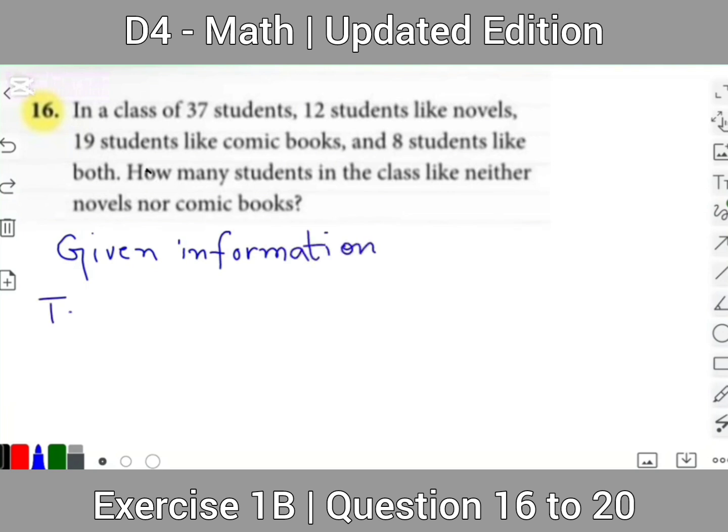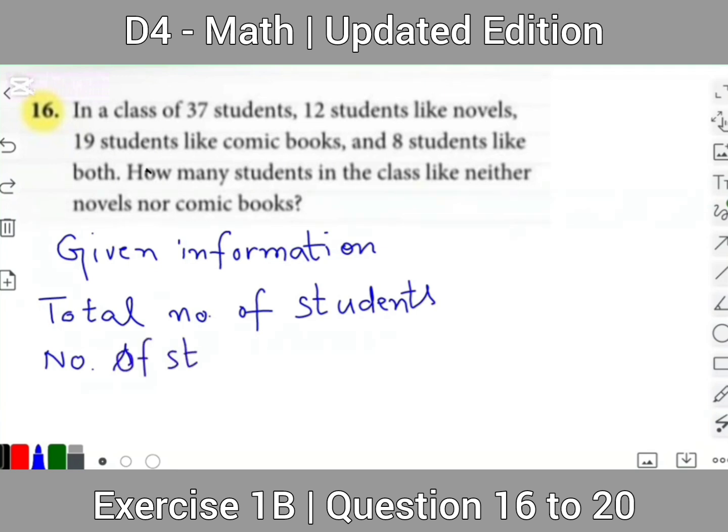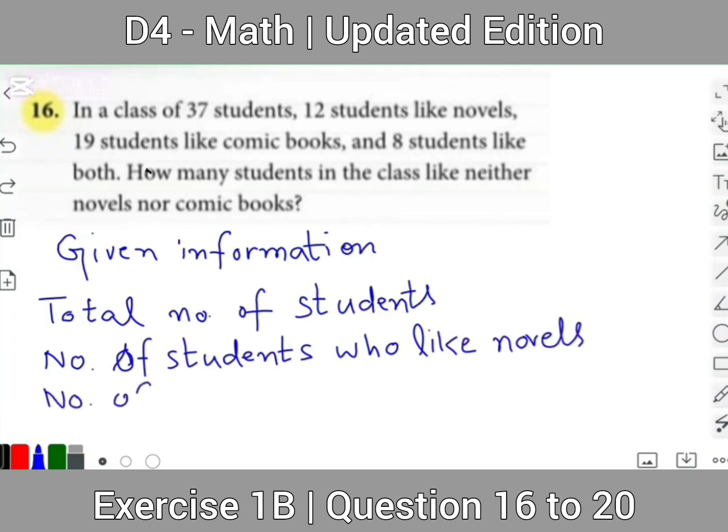The given information is the total number of students, the number of students who like novels, the number of students who like comics, and the number of students who like both.